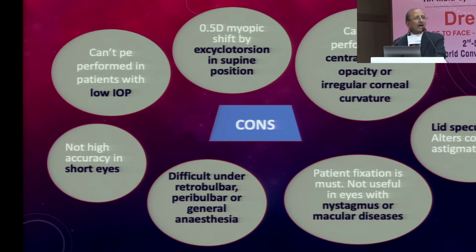Even in RK, if there is a central corneal opacity or haze in the center, it will not measure the IOL power calculations. There are others, such as a fixation problem in patients with nystagmus or age-related macular degeneration; it will not measure.